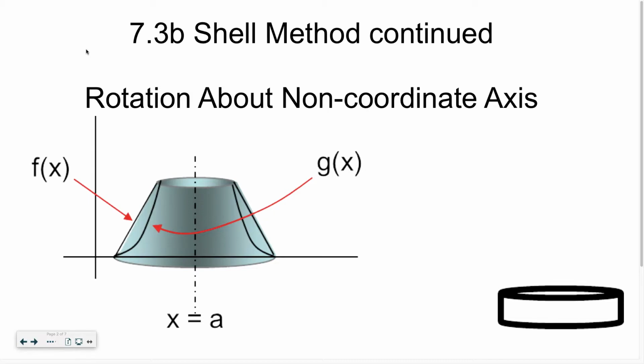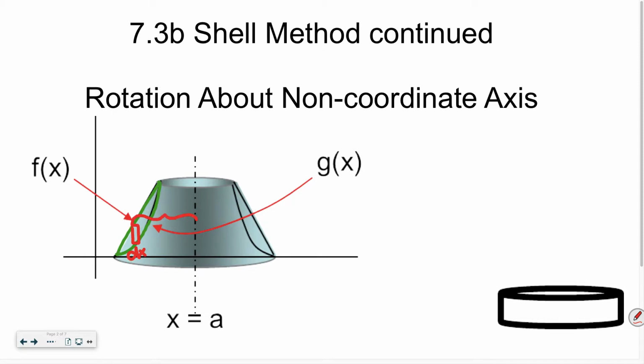We got it. Okay, so what's going to happen when we rotate around an axis that's not the x-axis or the y-axis? What if we rotate around x equals a? We are going to have to think about, if this is our region, I draw in our rectangles with thickness dx.